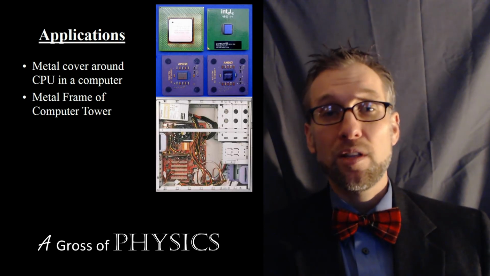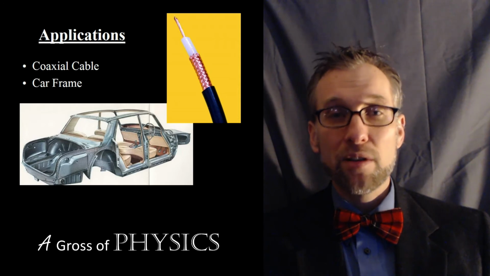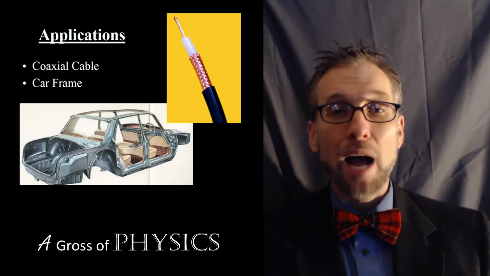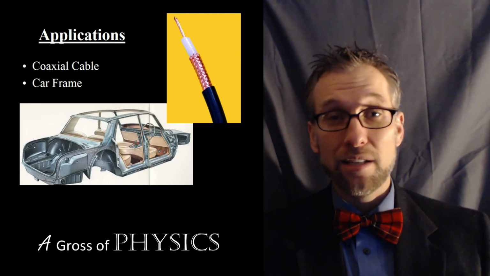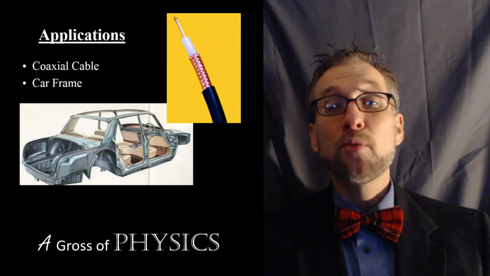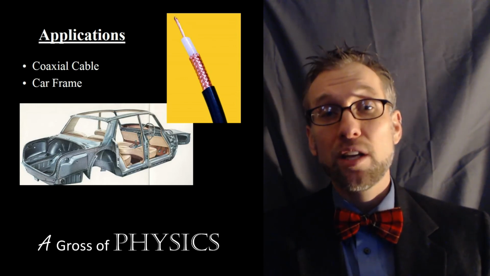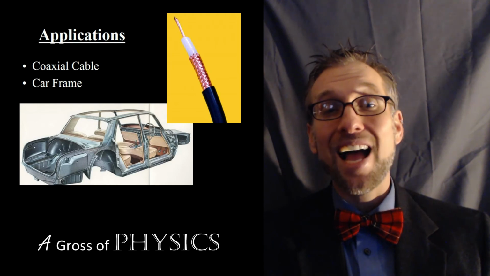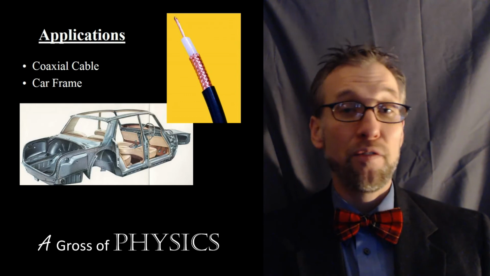Coaxial cable uses this principle as well. The center is a metallic cable, typically made of copper, and then outside of that is an insulator, usually plastic. But around the plastic is usually a braided wire, and that braided wire acts as a metal conductor, so the signal itself is inside in that center wire, and it's protected from any electrical interference.